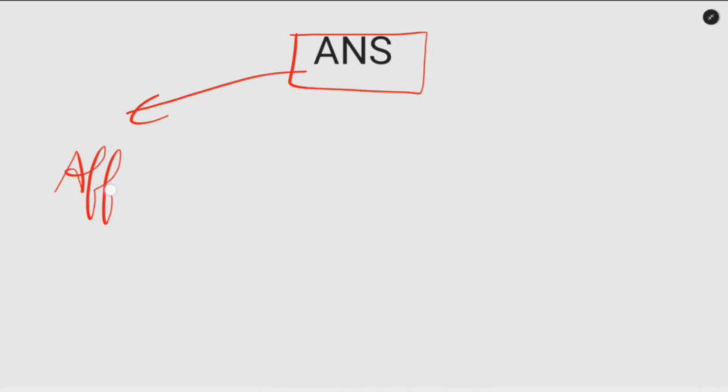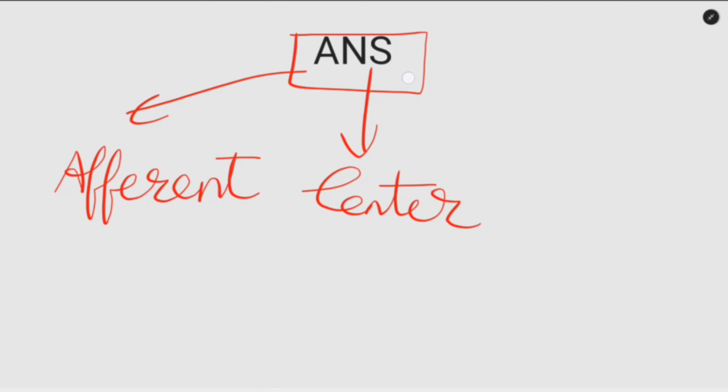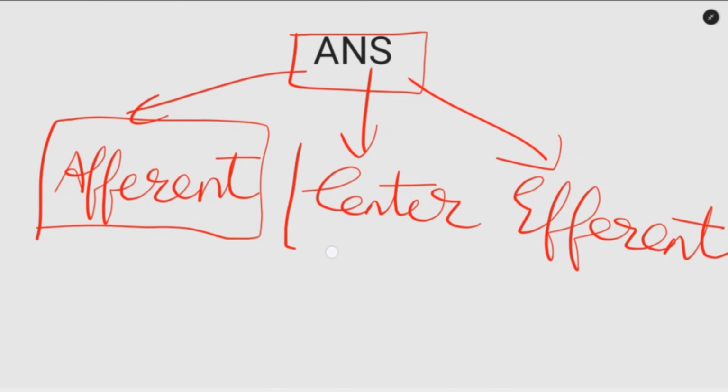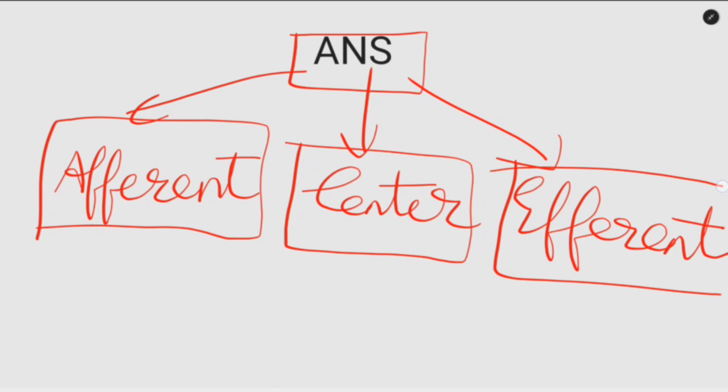Like the somatic nervous system, the autonomic nervous system also has an afferent, a center and an efferent component.